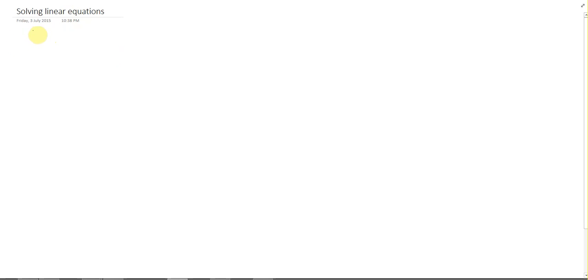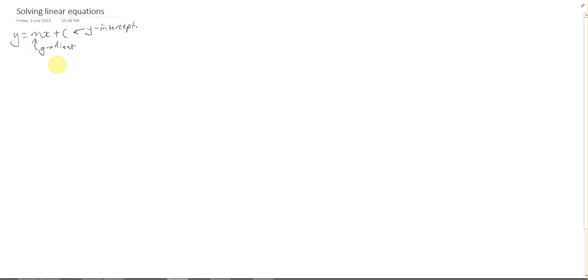Okay, so this first video we're in the chapter all about linear equations, so some of this will be revision work. But a linear equation is basically an equation that looks like this: y equals mx plus c, where m is the gradient and c is the y-axis intercept, the y-intercept.